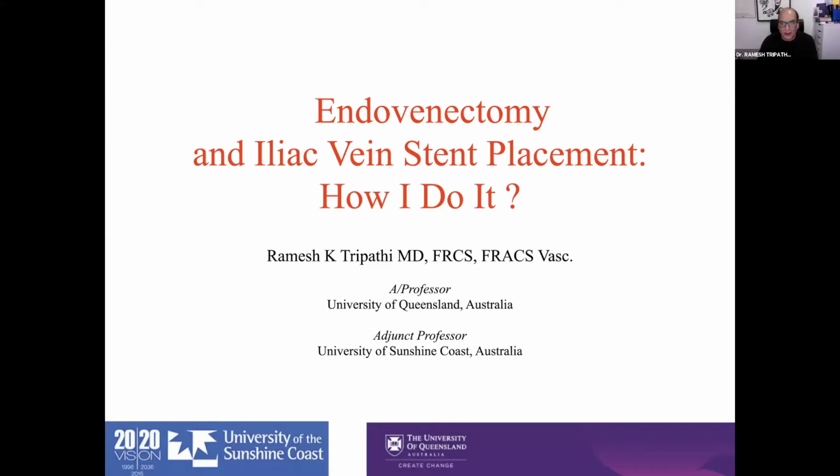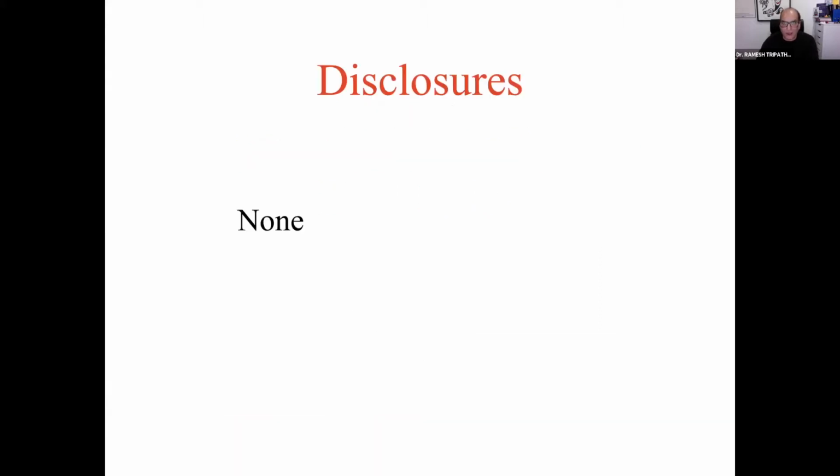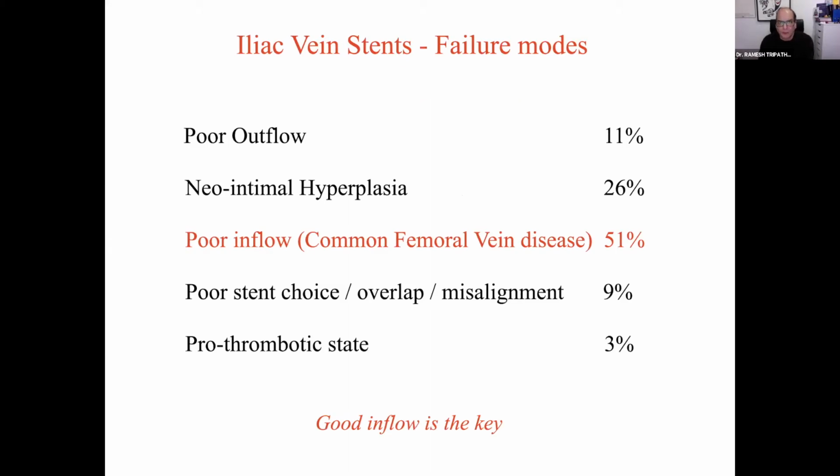So what are the indications for doing endovenectomy in patients who have had iliac vein stent placement and how I do it? I have no disclosures. If you look at the failure modes of iliac vein stents, the most common form of failure mode is due to poor inflow. And in my practice, I've seen up to 51% of the failures are due to common femoral vein disease.